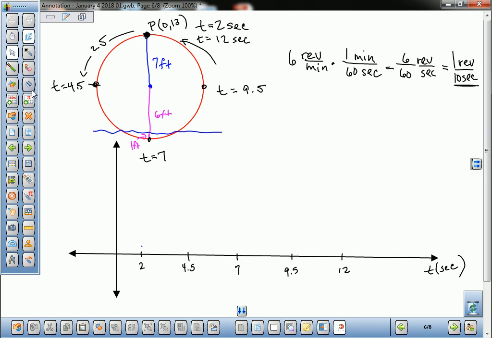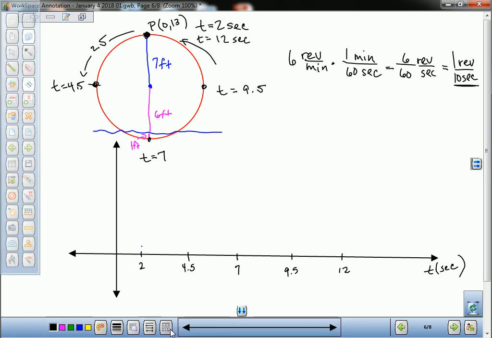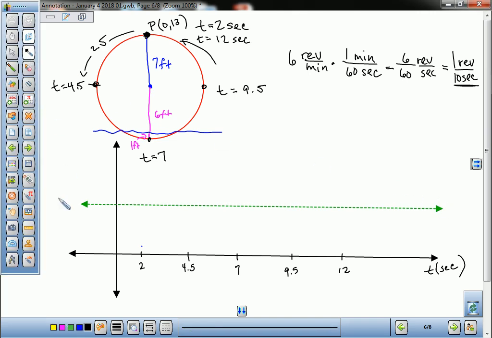Where does the midline go? Halfway between the peaks. Where is the center? At 6. That's a straight line right there. So our midline is going to be here at a height of 6 feet.